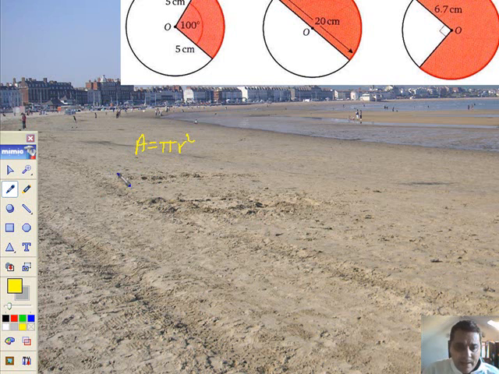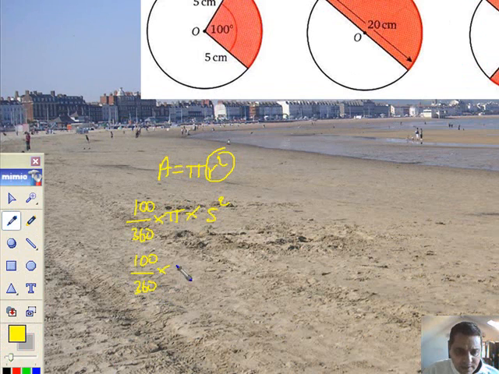So it's the same routine. It's going to be 100 over 360 times pi times the radius, which is 5 centimetres, but it's squared because it's pi r squared, as you know. So let's just rewrite it so you can see me show the pi. 100 over 360 times 3.14 times radius squared, 5 squared.